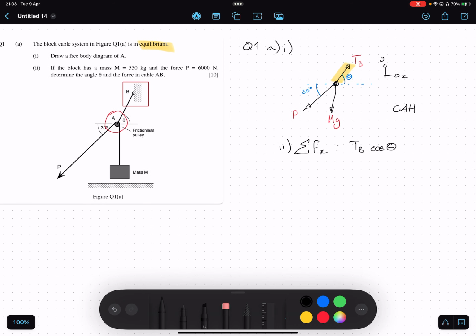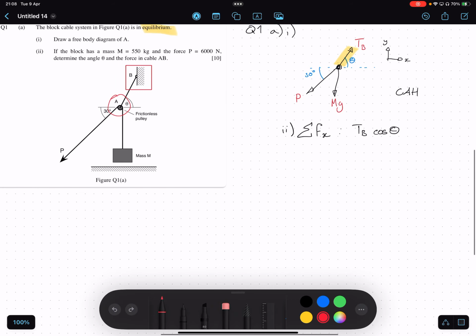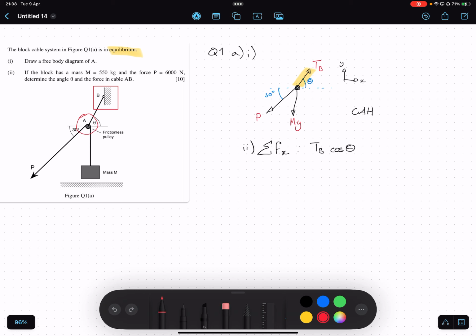This is our hypotenuse here. And we also have our adjacent, which is the blue horizontal. And we have our right angle triangle. So we're going to use cos theta there. And then we also have acting in the horizontal direction P at 30 degrees, which is similar to T. So we're going to say that is equal to, because it is acting in the opposite direction.